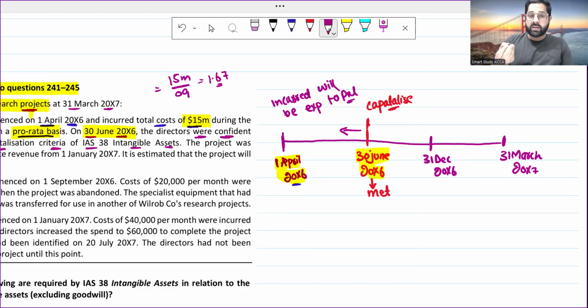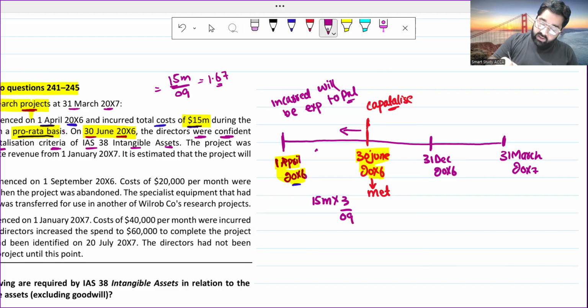Now what is the amount that should be expensed to profit or loss? The months are April, May and June. The total cost is 15 million. So 15 million multiplied by 3 divided by 12. Not 12, sorry, 9. The total time period for the project is 9 months, sorry. Divided by 9.